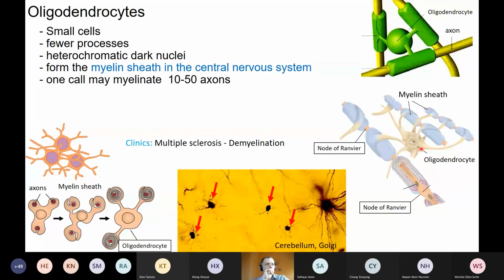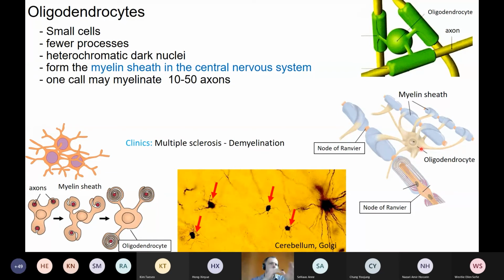axon. Now, you might come up with the question, why is this? The answer to this question is quite hard, but people think that if we had individual glial cells for all our axons in our head, the skull or the human brain would be extremely huge.